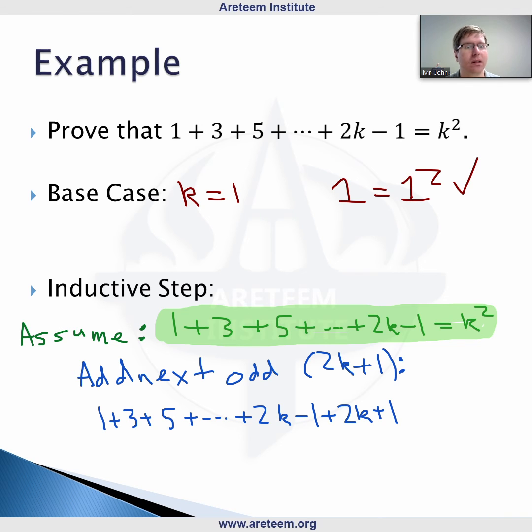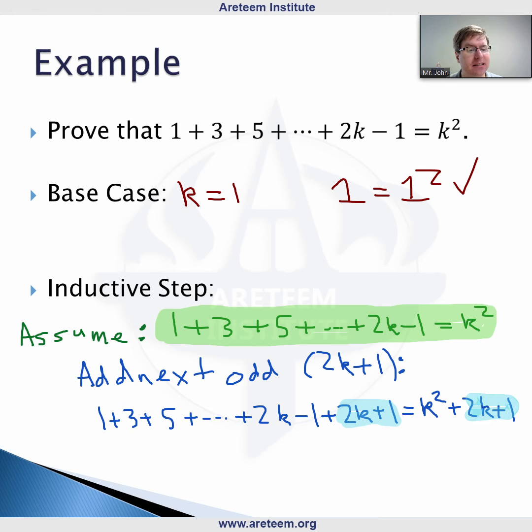So that is the one side. But what do we get on the right-hand side? Notice we get k squared, and then we have plus 2k plus 1.